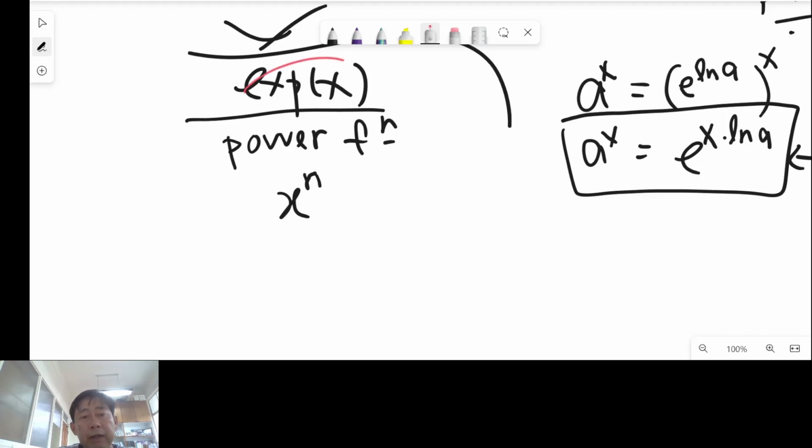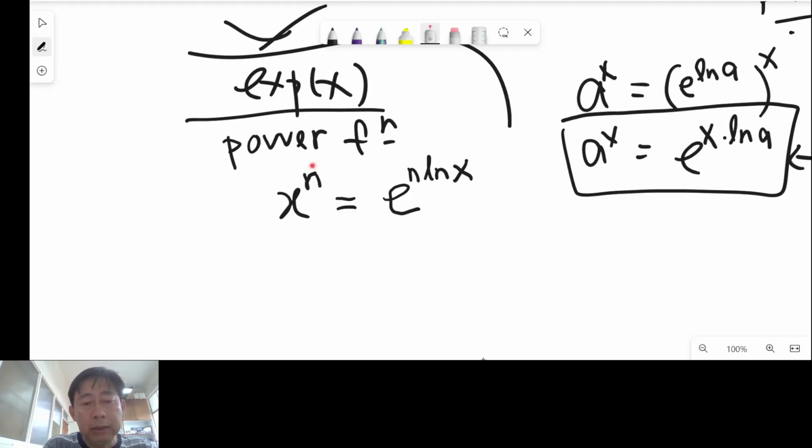However, with the invention of the exponential function, you can now define x raised to a power of any real number, including irrational numbers, the same as what we do for the exponential function. That is, you raise this to equal e power n ln x. So that is how you generalize the power function to include a power which is also defined for irrational numbers.